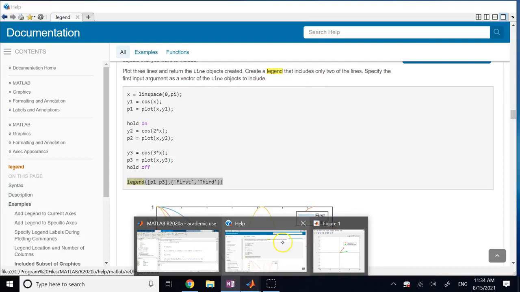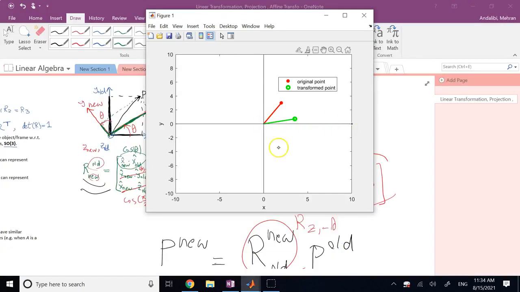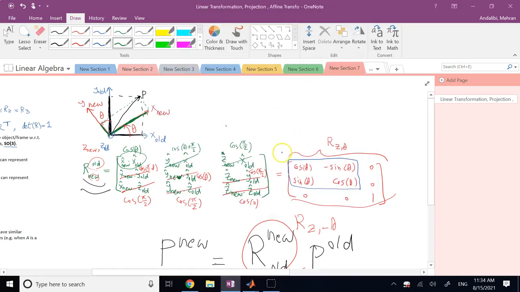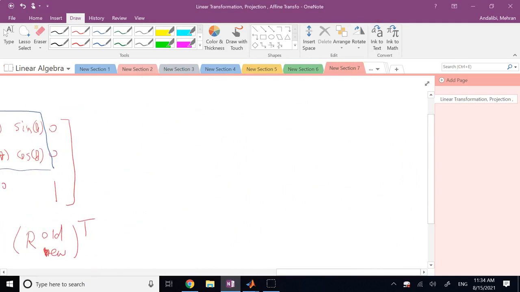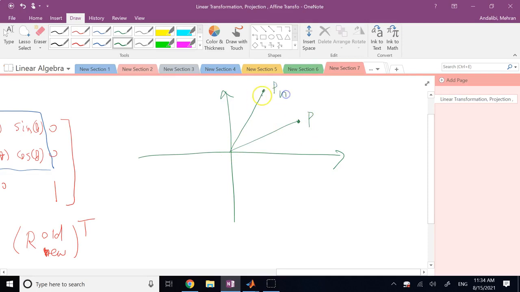What we are doing here in this MATLAB code, we keep the frame the same and rotate the point. So they are different things. If we want to get a meaningful result out of this MATLAB code, we should be doing the exact same thing as this code does. So what we need to be doing is, I keep my frame the same. I do not rotate my frame. I do rotate my point. So I go from point P to P new.